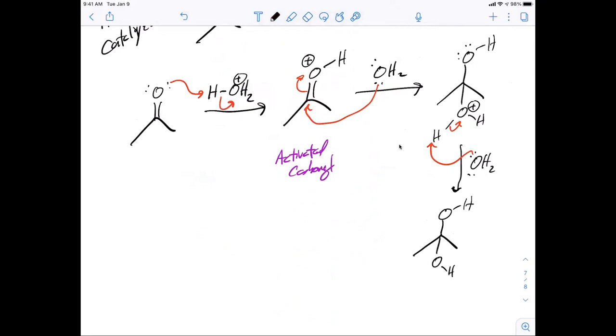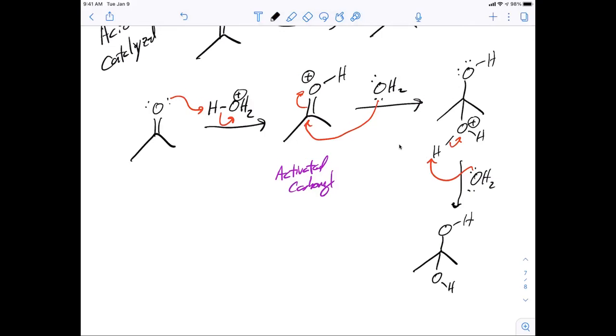Questions about this one? Okay, so these are all hydrates, right? And the hydrates have this equilibrium process. We can make this reaction go faster by adding that base or the acid.